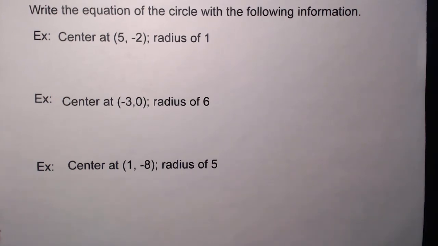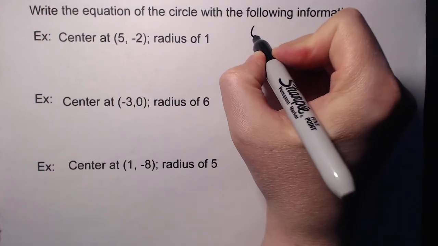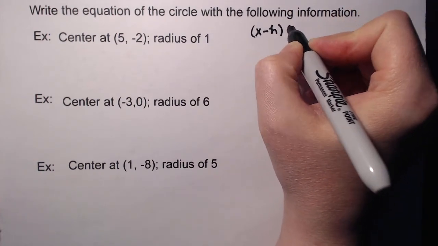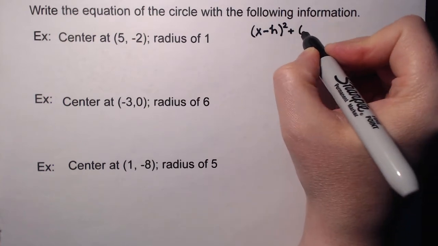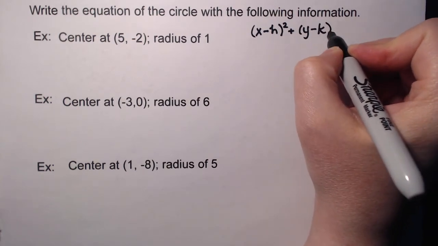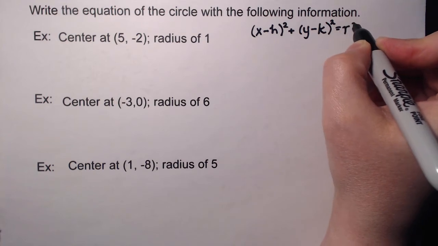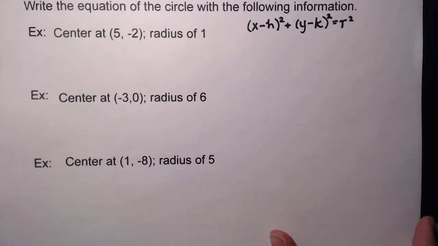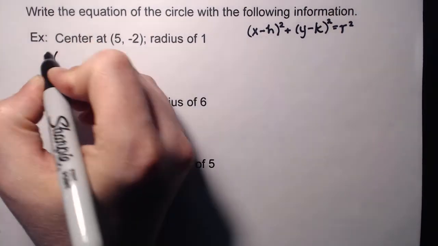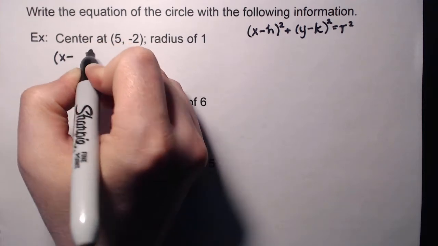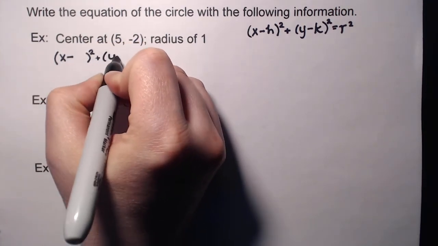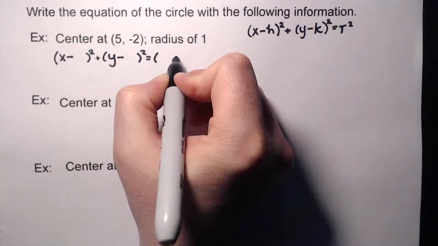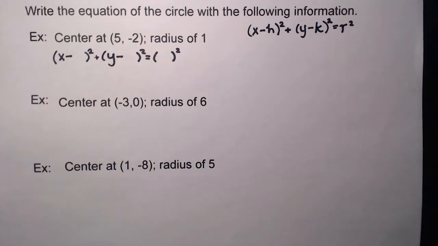It's going to be that same equation where you have x minus some number squared plus y minus some number squared equals your radius squared. Okay, so when we fill this out, that's a good place to start. And then I can just input the h, k, and the radius.